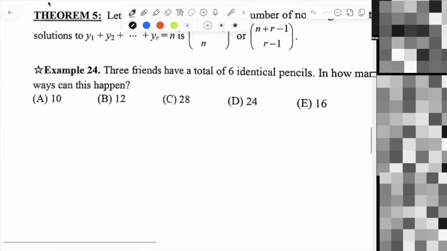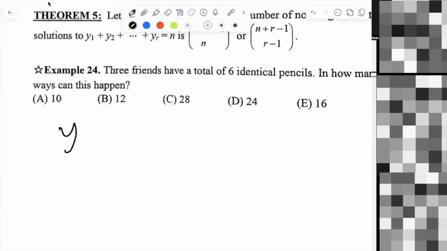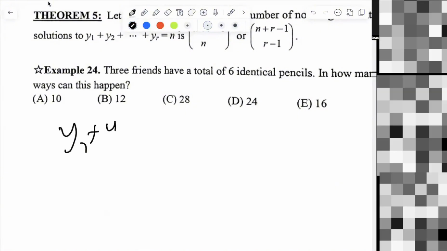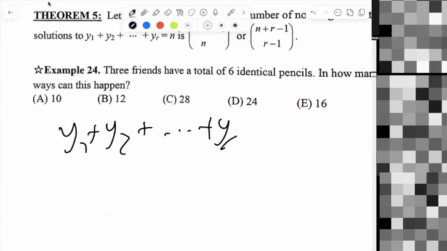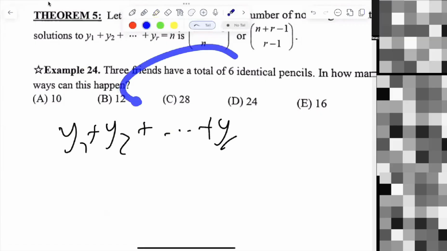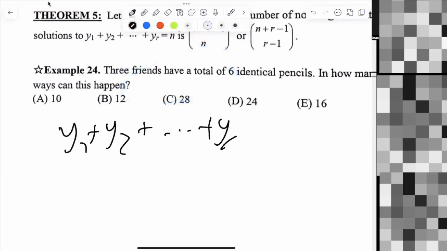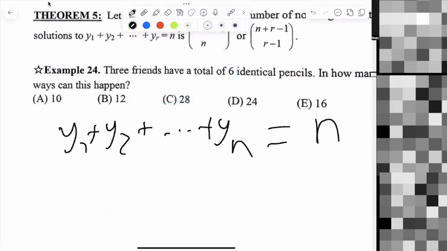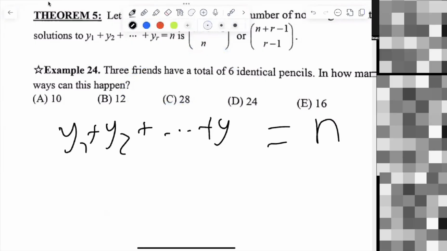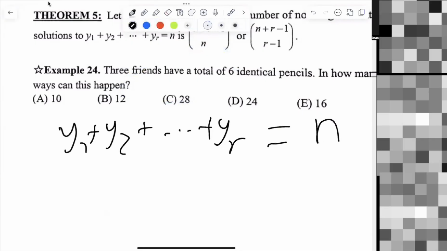Well, let there be y1 plus y2 plus dot dot dot plus yr equal to n. Oh, this should be yr, my bad. Ignore the problem for now, we're going to return to it later.